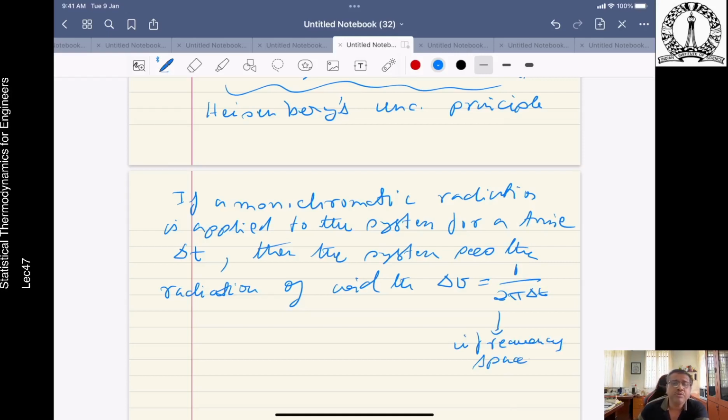So a nanosecond pulse of radiation has an intrinsic width of about 160 megahertz in the frequency space.